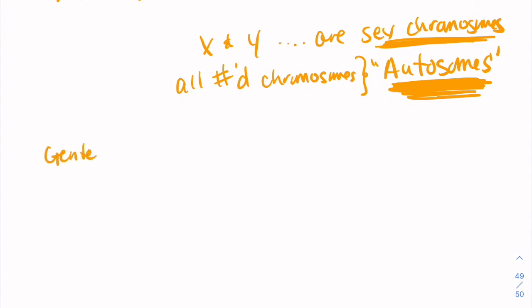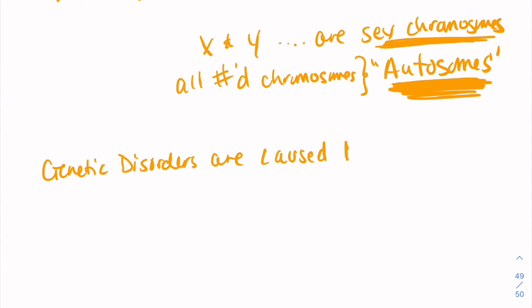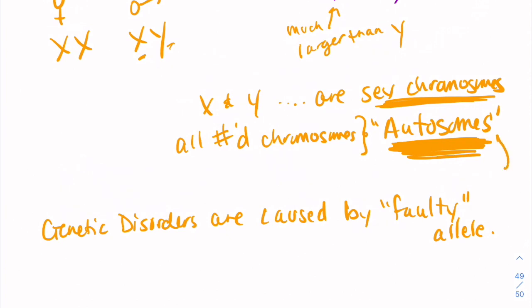What we call genetic disorders are caused by what we call a faulty allele. And the inheritance pattern is going to be different if the faulty allele is on an autosome or on a sex chromosome.